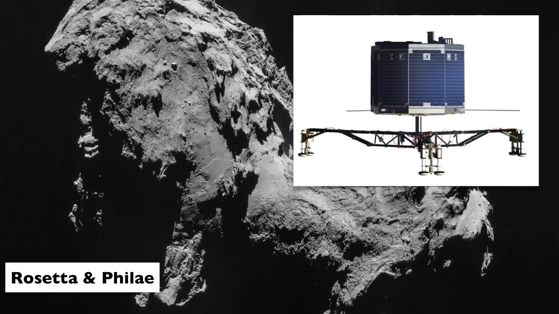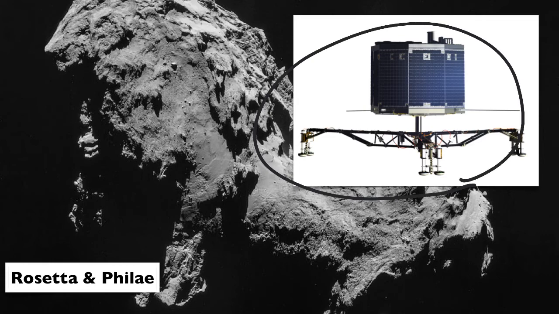Now, this is actually a real problem for some smaller bodies if you're trying to explore them, because a while back, the European Space Agency sent this probe called Rosetta, with a lander called Philae, and they were trying to land it on a comet, but the gravity of the comet is so small that it was hard to make it touch down.